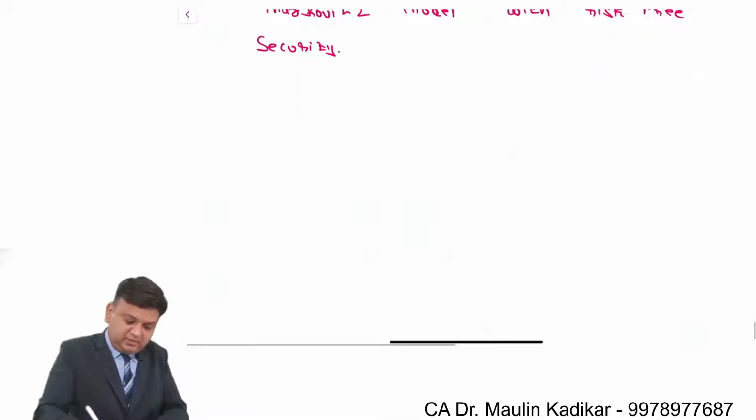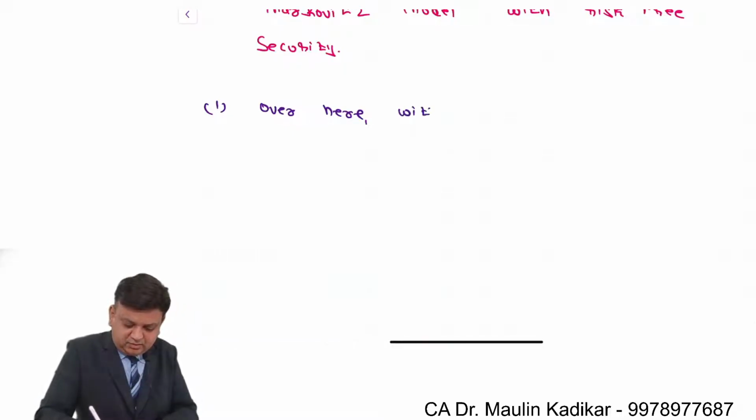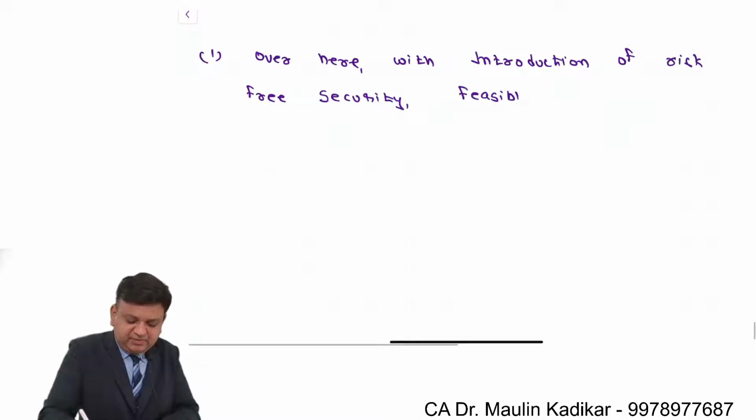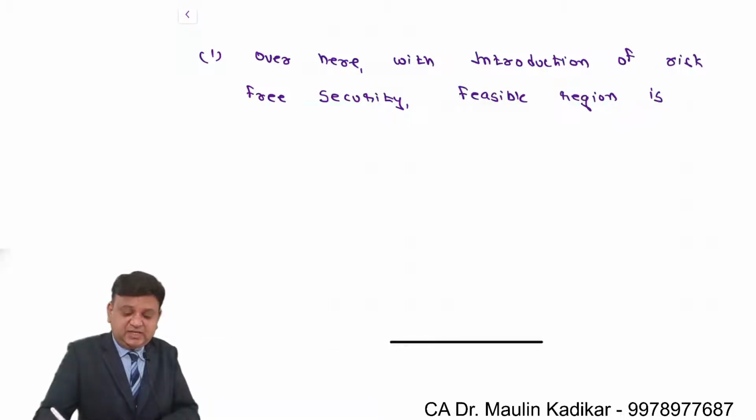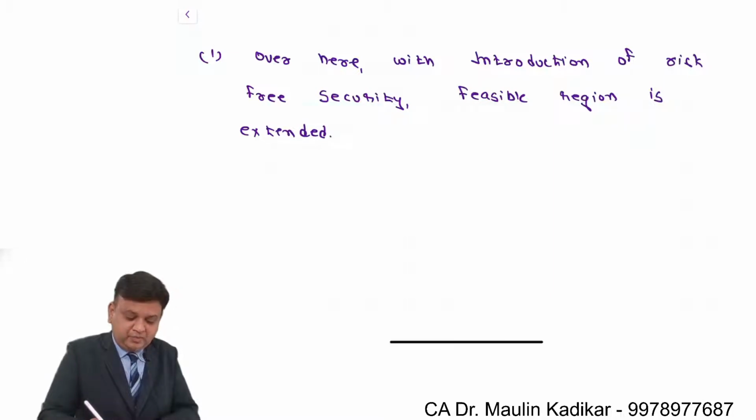In the pattern, first point: with introduction of risk-free security, comma, feasible region is extended. Full stop.